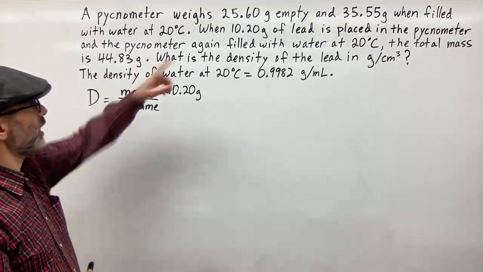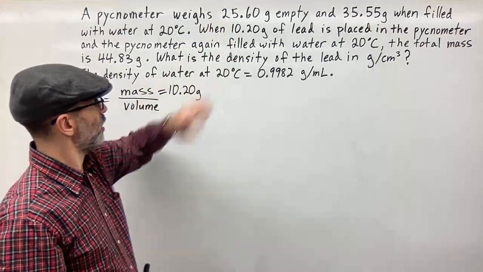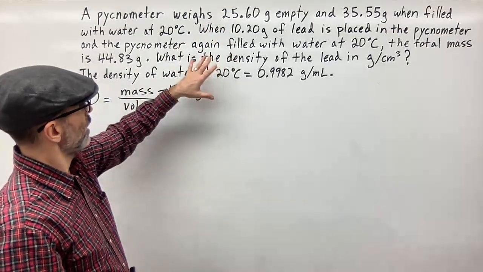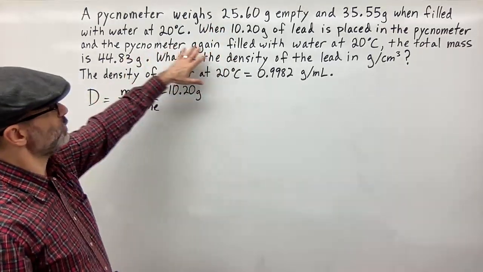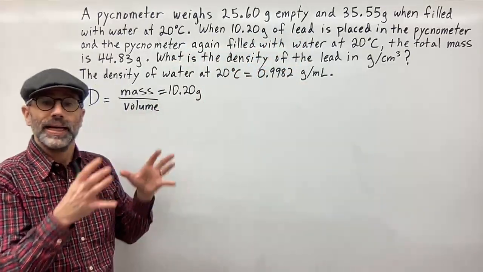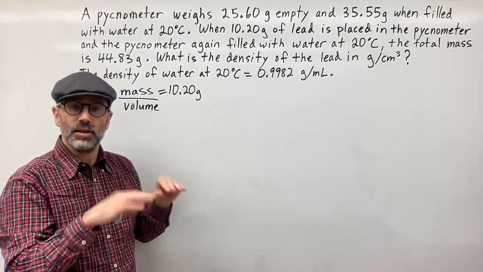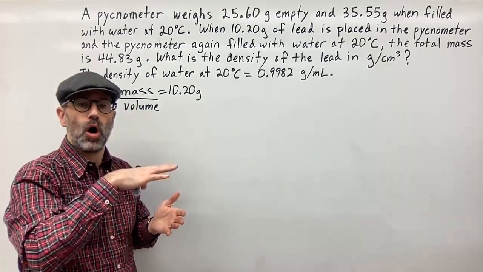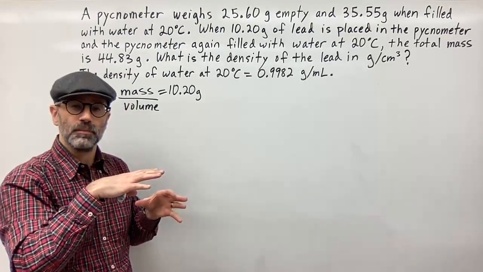Here, we know that the pycnometer is filled with a certain amount of lead, so there's a certain amount of volume taken up by the lead, but then we fill the rest of it with water.